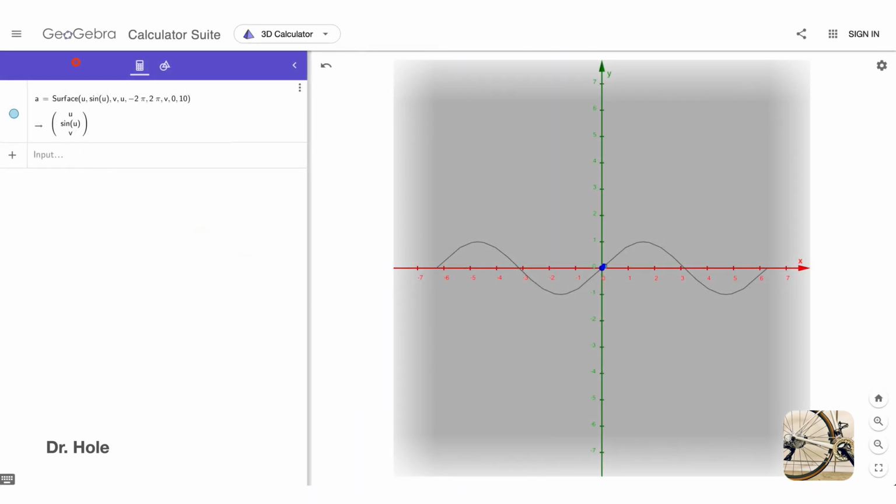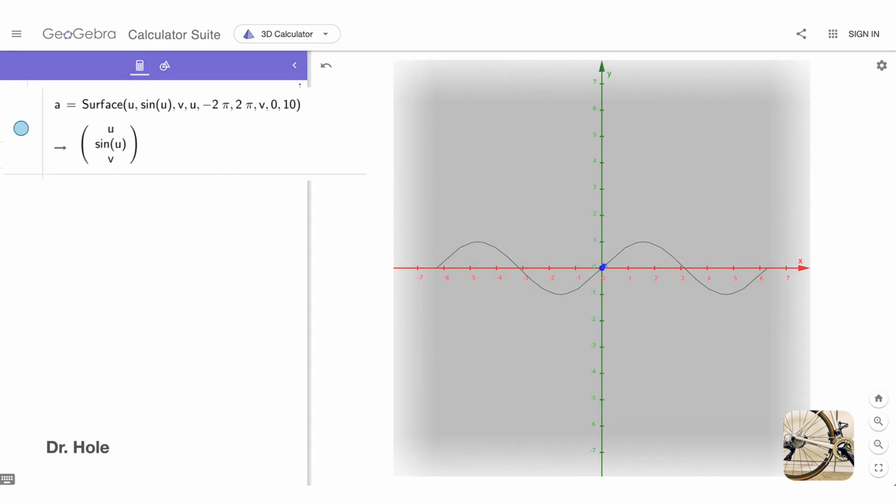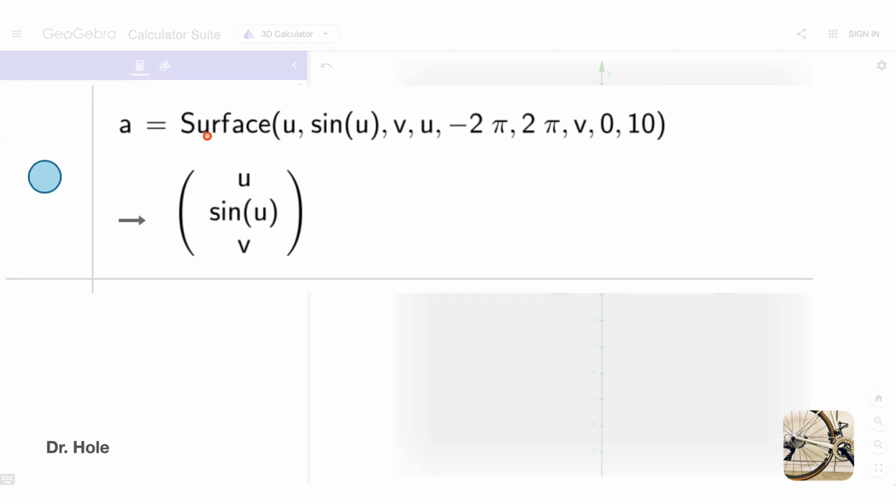Here we are in GeoGebra. In GeoGebra, we have typed in this right side of the equal sign, and then when we hit return, we result in this vector-valued function. This vector-valued function depends on u's and v's. Those are the parameters. The u is taken from negative 2 pi to 2 pi. The parameter v is taken from 0 to 10.